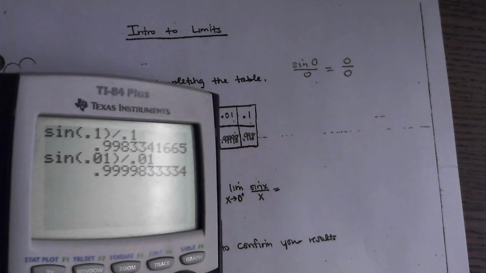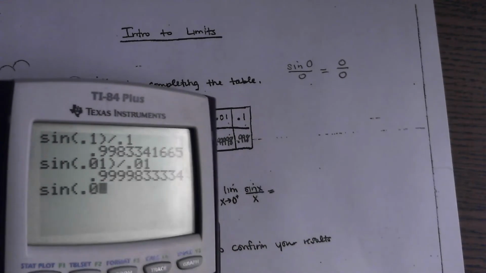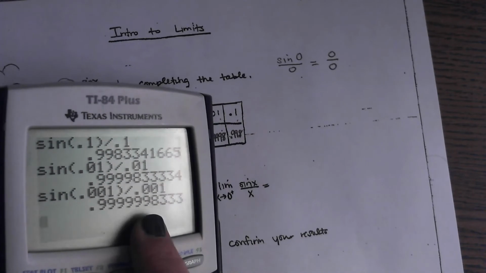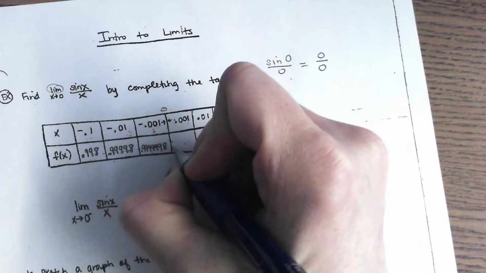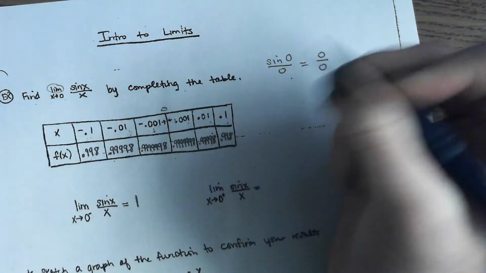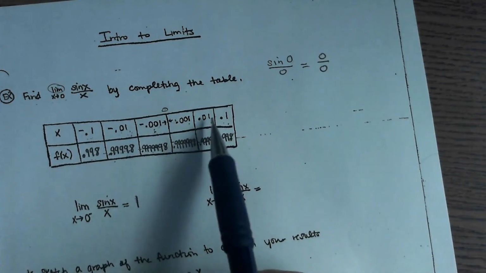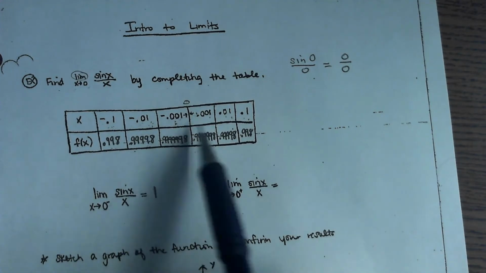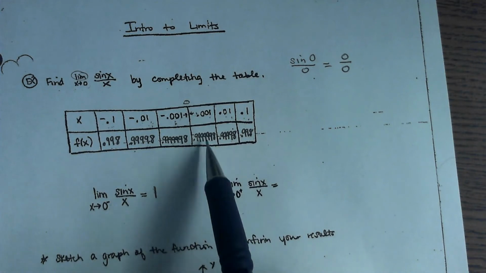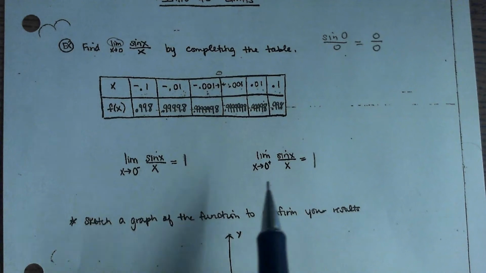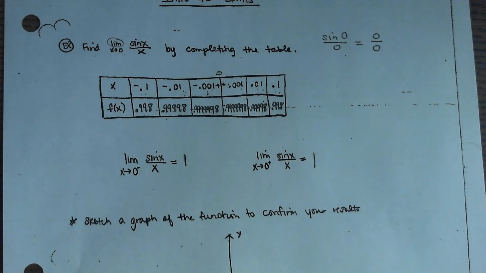This one just happens to be. The sine of 0.001 divided by 0.001. And then there's your 6 nines again followed by the 8. So as we're approaching an x value of 0 coming from the positive side, this is also increasing towards 1. And so down below, your superscript, x is approaching 0 from the right, is 1.